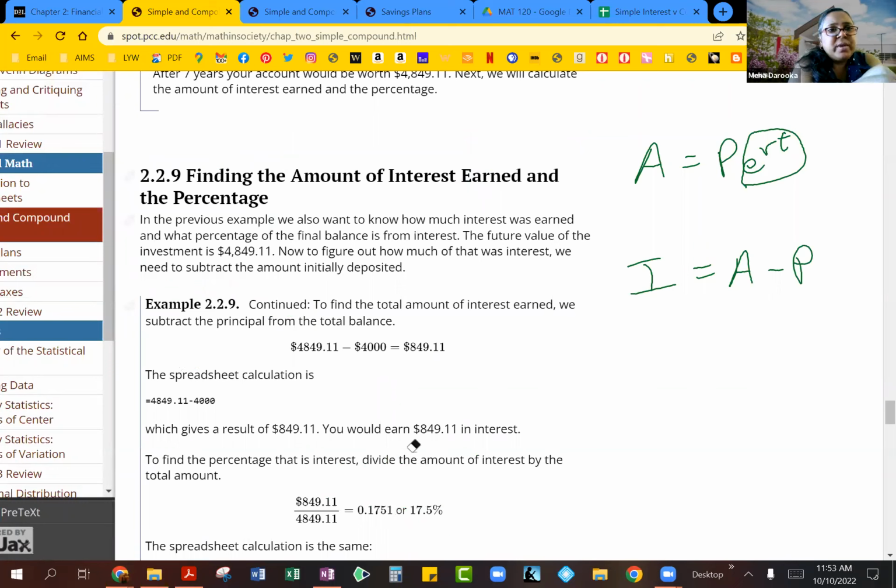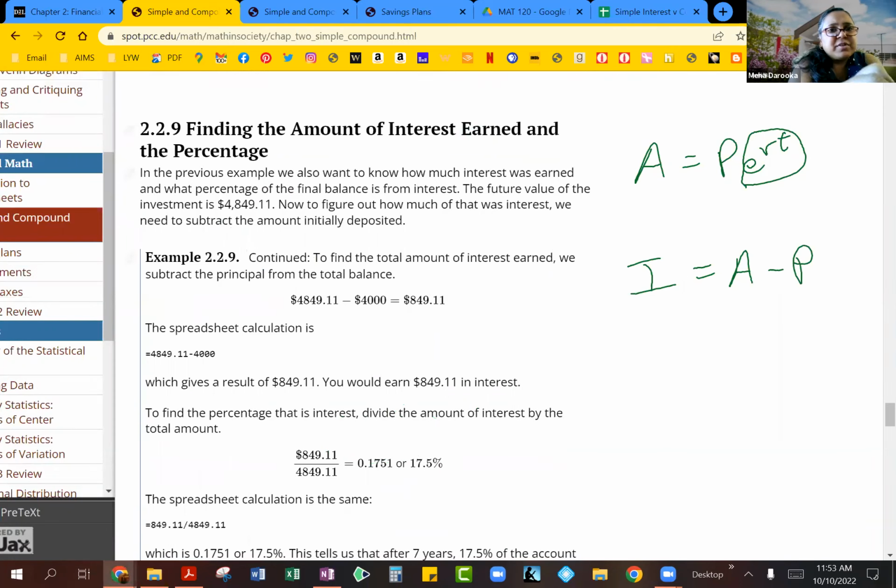Okay, so we know we have a future value of $4,849.11. Subtract from that the original amount that we started out with, 4,000. So of course, we earned an interest of $849.11.